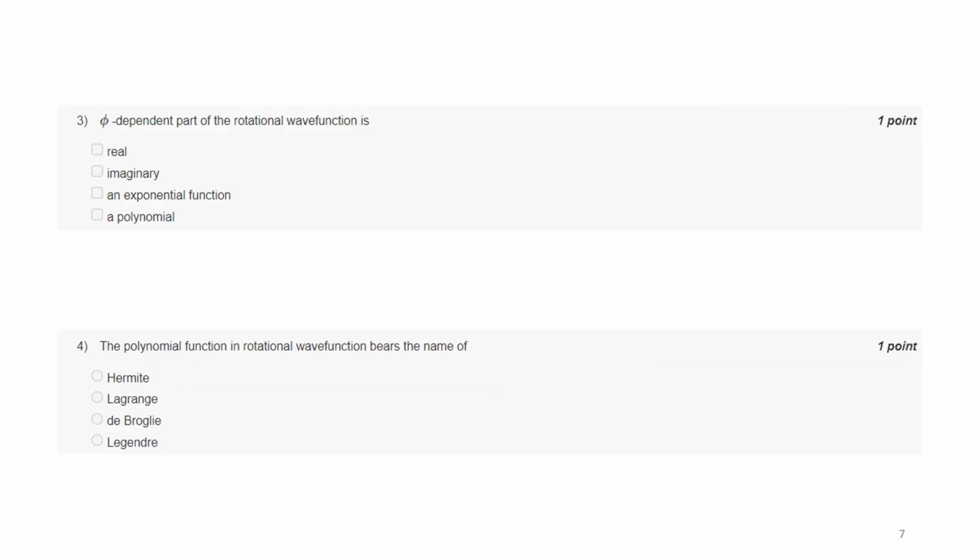Now question number 3: the phi dependent part of the rotational wave function is, let me first write it down. If it is asked for the theta dependent part, what is the answer? If it is theta dependent, then it is also not imaginary. What I remember from the equation is something like minus 1 to the power m, right? It was not imaginary, it was real.